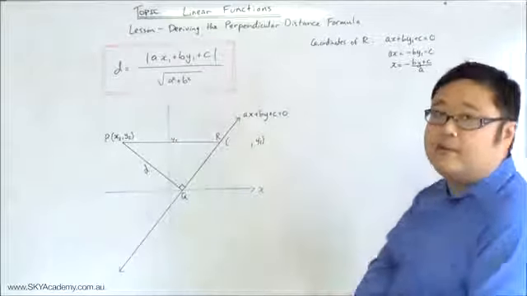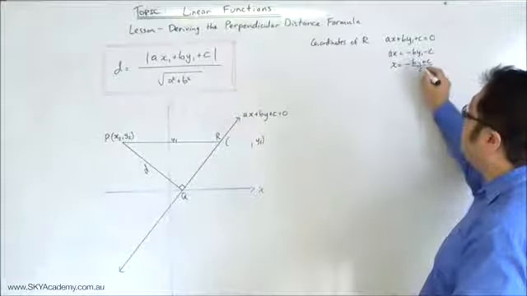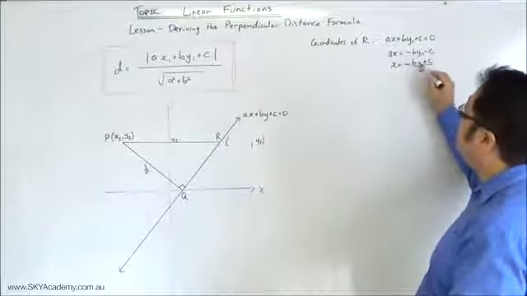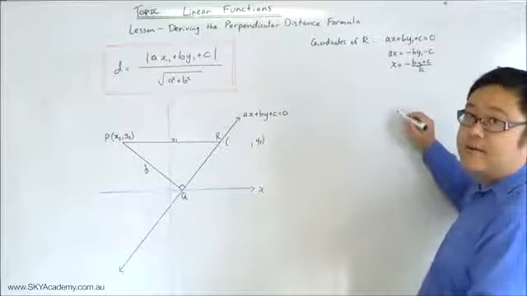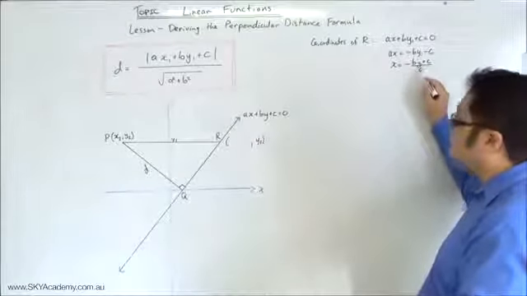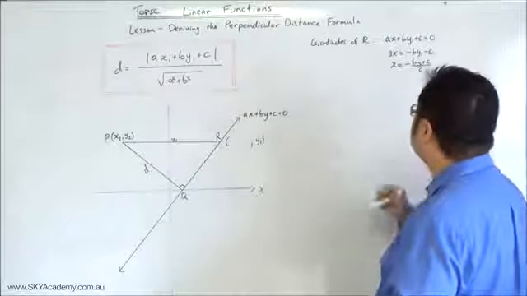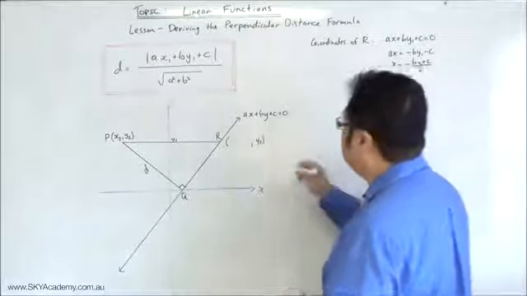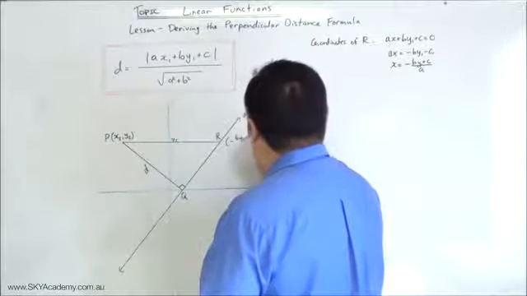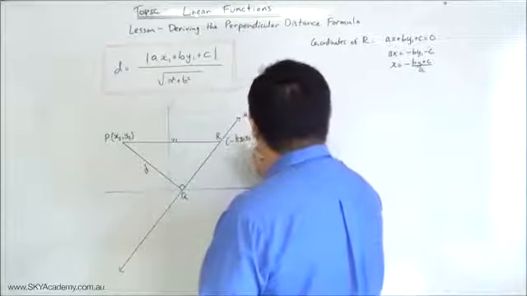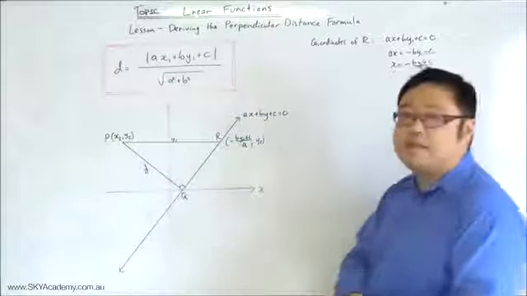Does that make sense? And the reason why this is plus here is because this minus is distributive over the b y1 and the c. Okay? So the x-coordinate is equal to minus (b y1 plus c) all over a. Does that make sense?